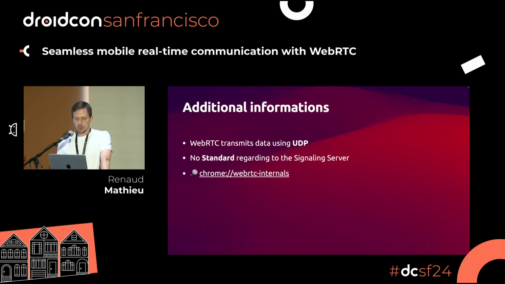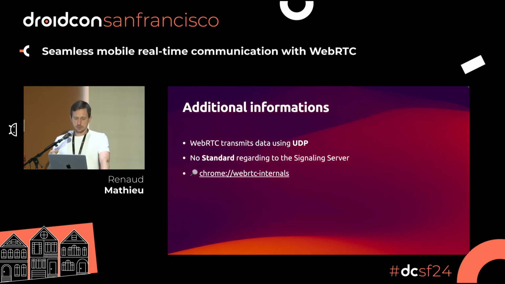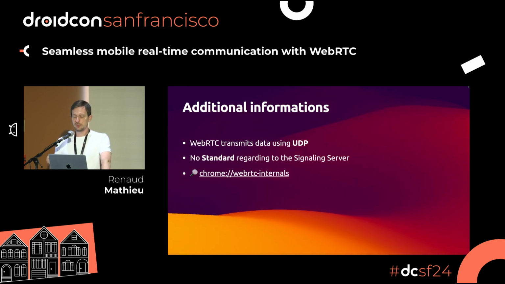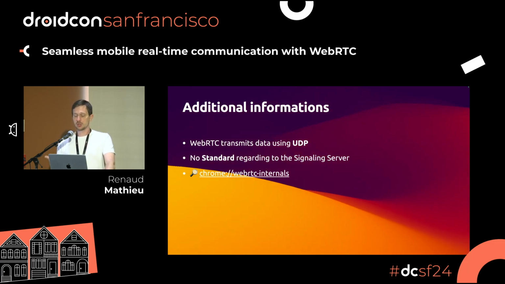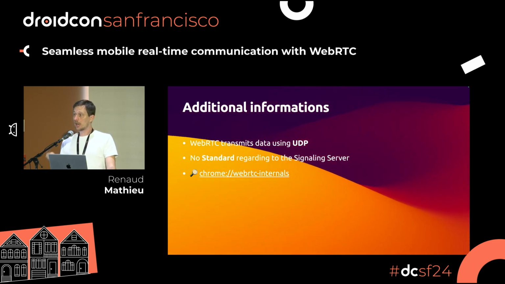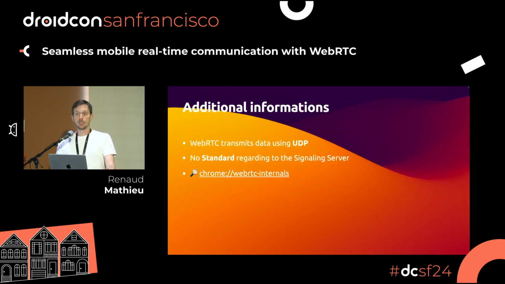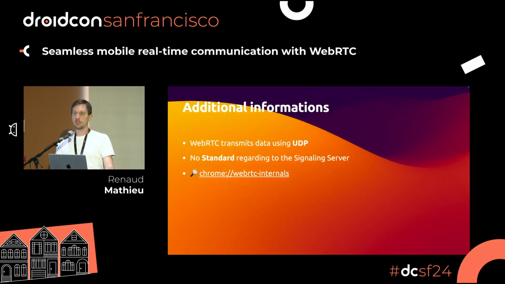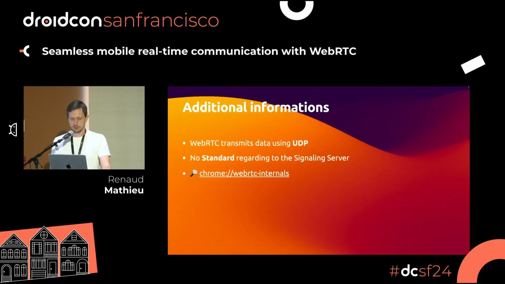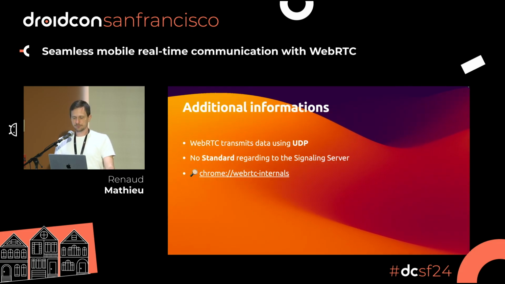It has minimum overhead, and it does not provide flow control mechanisms like TCP. So it does not manage error recovery or acknowledgement of received data. So the risk of data loss is quite high with WebRTC, but it's also fast.